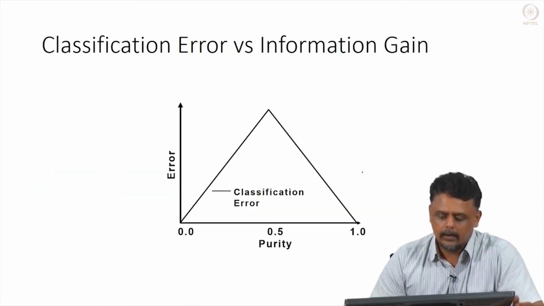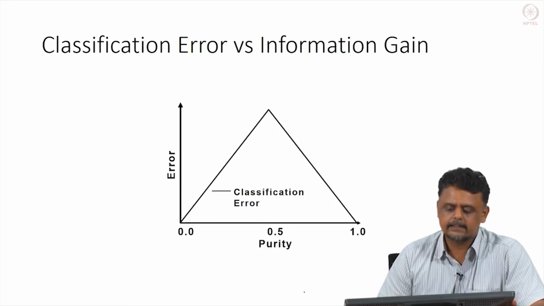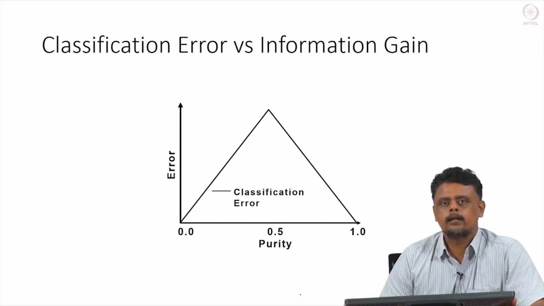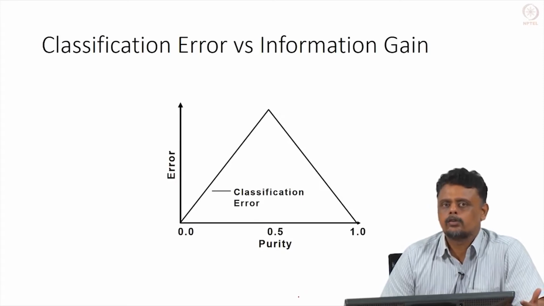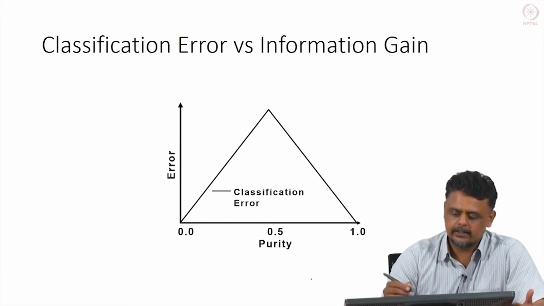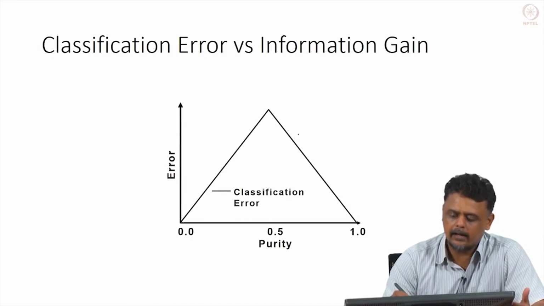So let us see why we had this problem with the classification error, wherein we saw that there was no change. That happens because let us say your parent node had some entropy value here.